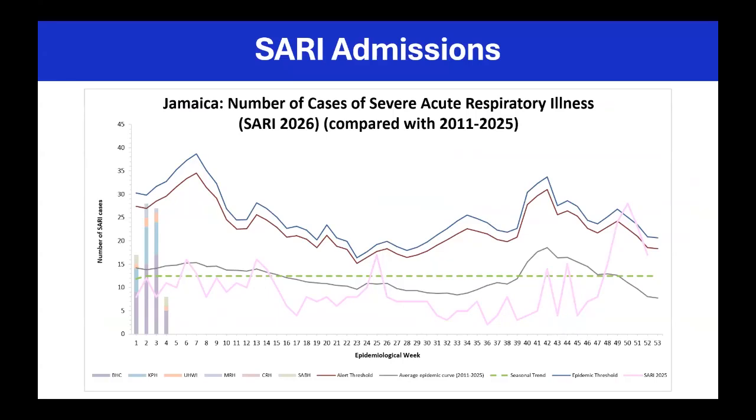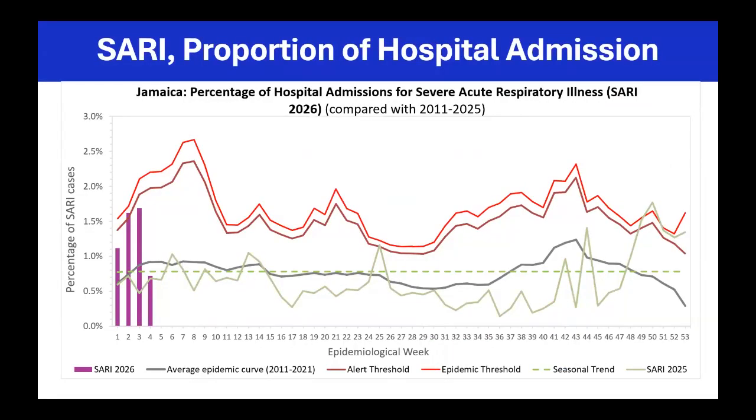I think there was another one. Yes, this is a percentage. Sorry, it says 2025. I was looking at the color as 2026, but the pink one is 2026.